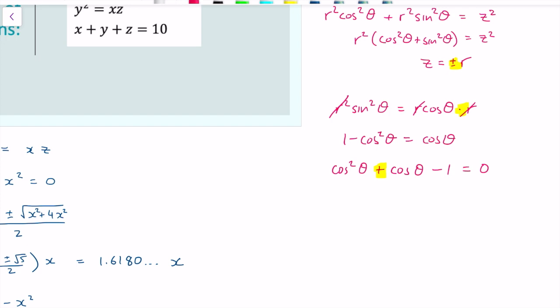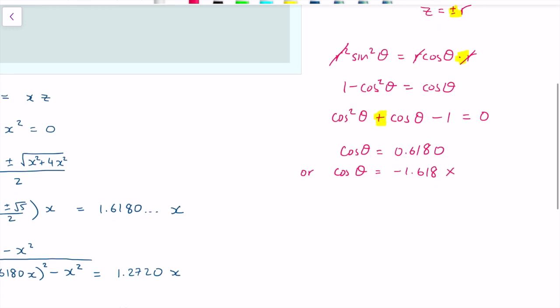When we solve this quadratic equation, we get cos theta equals 0.6180, cos theta equals minus 1.618, and it turns out that one doesn't work. You can verify that, but this one does work.